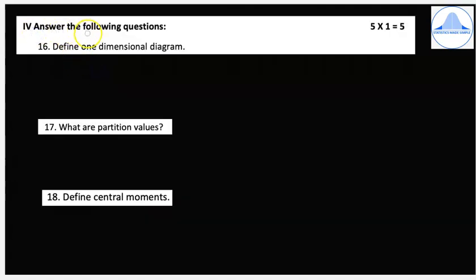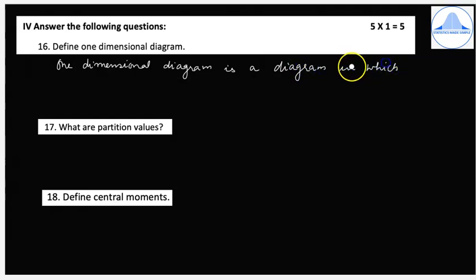Fourth main: answer the following questions. 5 into 1 is equal to 5. 16th question, define one-dimensional diagram. So a one-dimensional diagram is a diagram in which only one characteristic is considered.